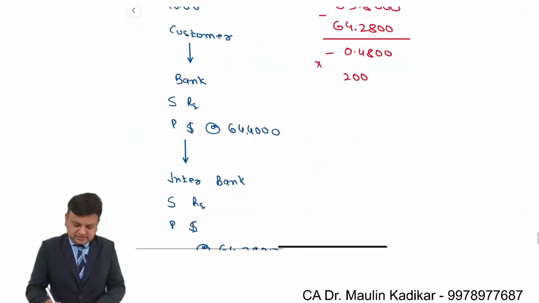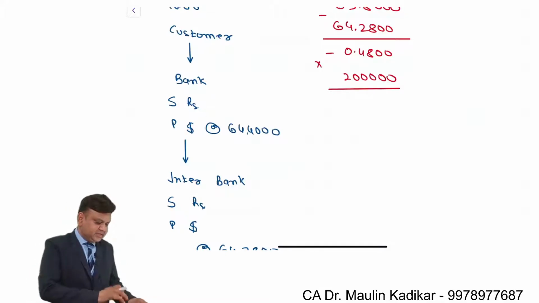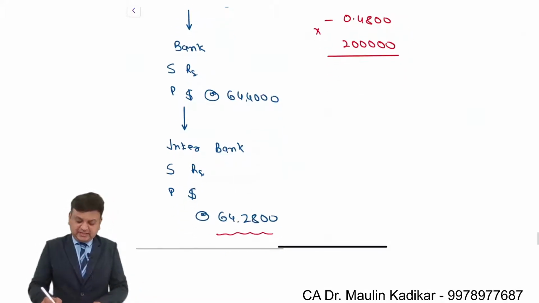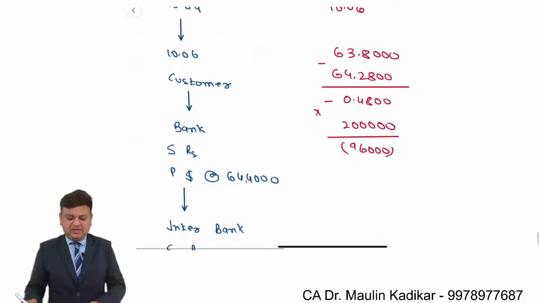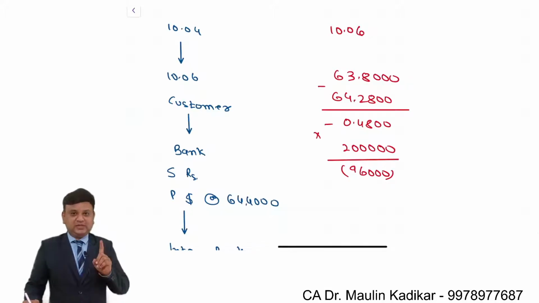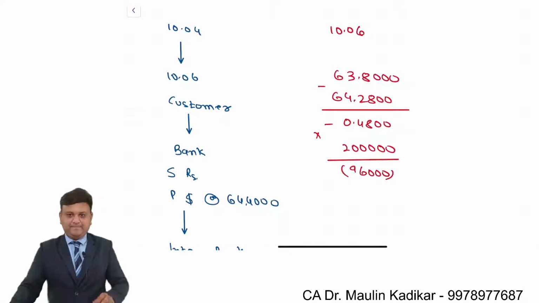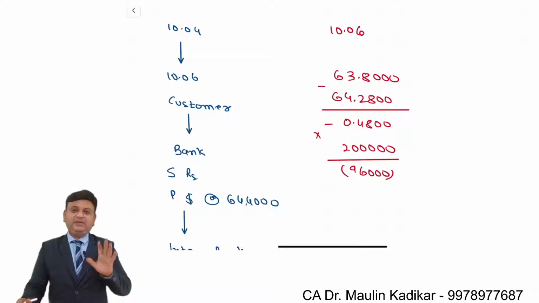Multiplying with 2 lakhs, because that is the amount for which the transaction was entered upon, 96,000 rupees is the loss which I have to bear immediately. That is the first thing. So this is the immediate loss which I am going to incur. That is the first very obvious point.